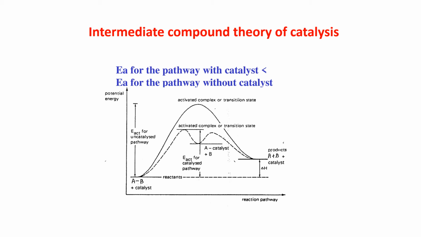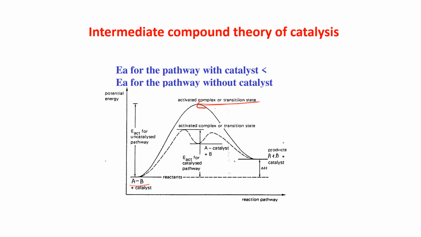The reactant molecules have to be activated to a certain level, up to this much. They have to cross this energy barrier to form the product. That means their activation energy is more. But as a catalyst is added to the reactants, that is AB is the reactant, if a catalyst is added to this, then AB and the catalyst are reacting together.